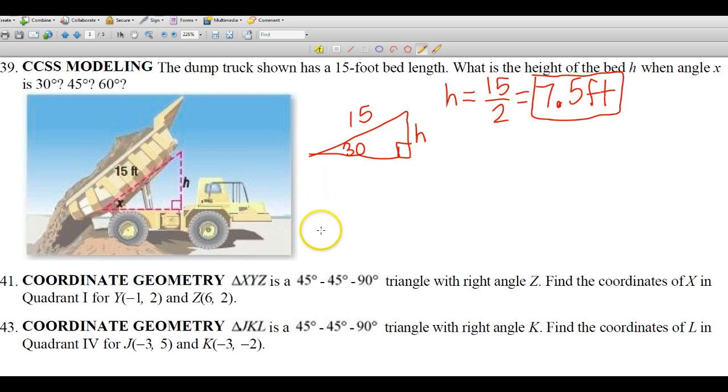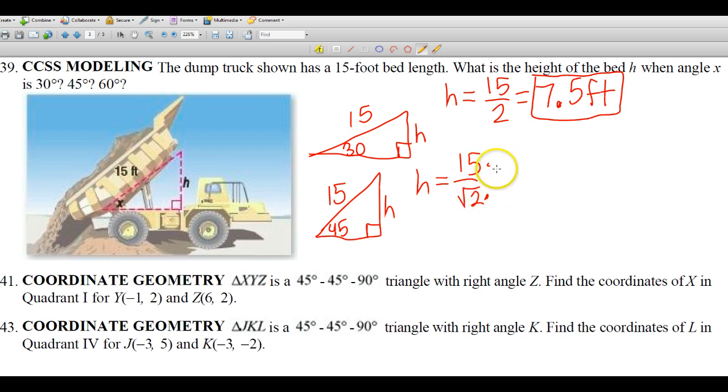Then, if it's 45 degrees, now we have a 45, 45, 90. And to find the leg, we divide by the square root of 2. And we have to rationalize that.